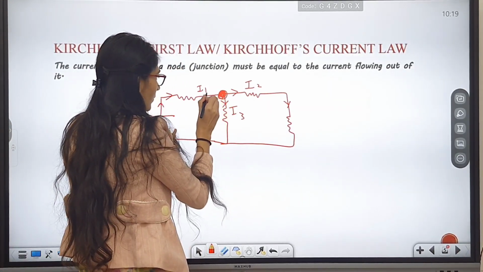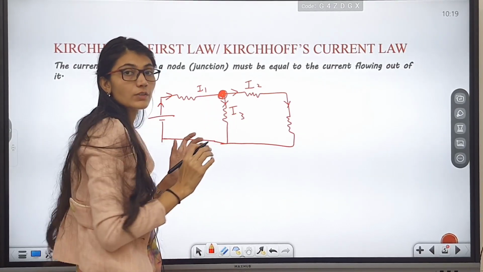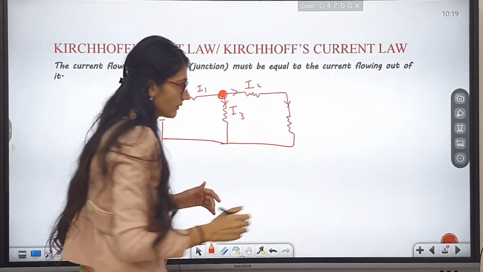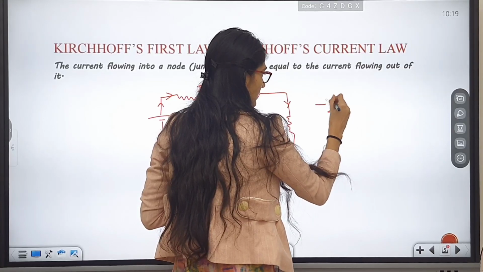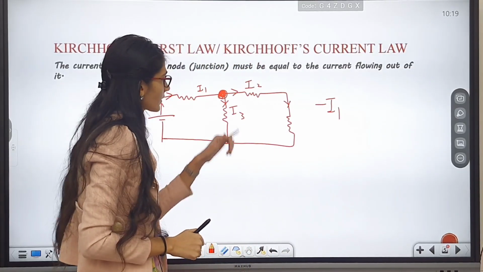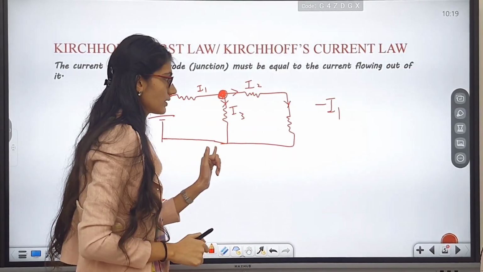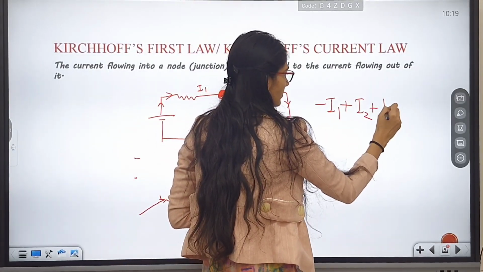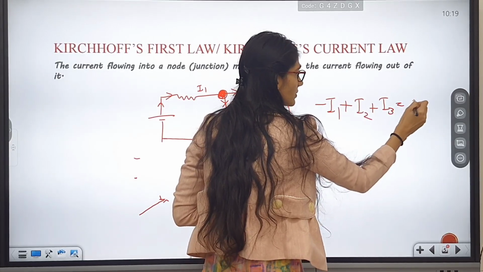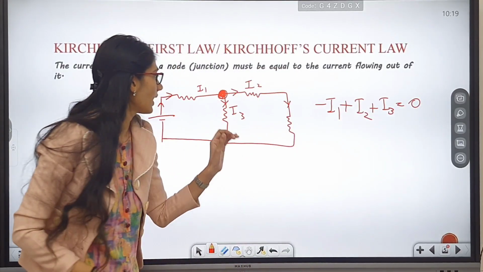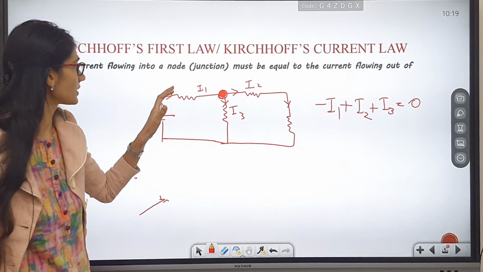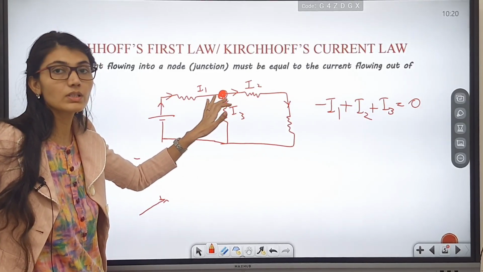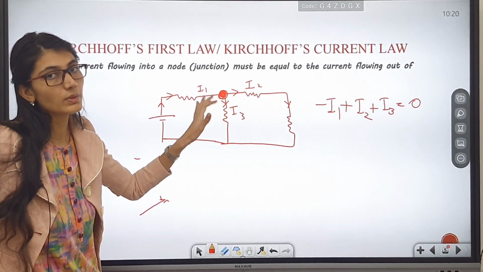The inflow of current at this node conventionally is taken as negative, minus I1, and the outflow of the current is taken as positive, plus I2 plus I3 is equal to 0. It means at any time t, the instantaneous algebraic sum of the currents at a particular junction or node will be 0.